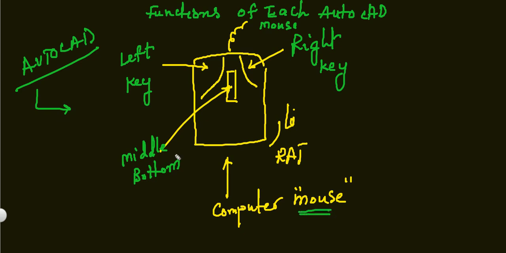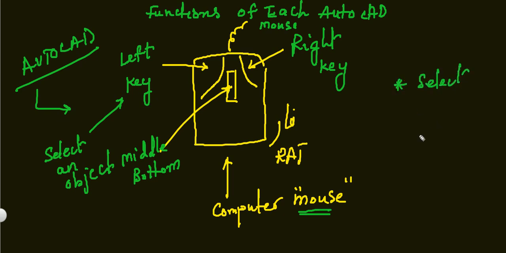Anyway, the left key is basically used to select an object. So you click once, which means select an object. Generally your mouse looks like this. This is called your cursor. Some people call it crosshair.